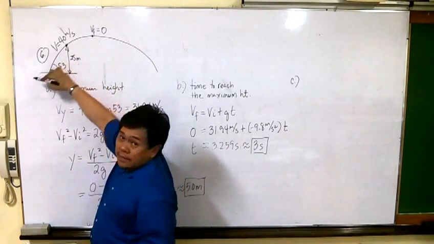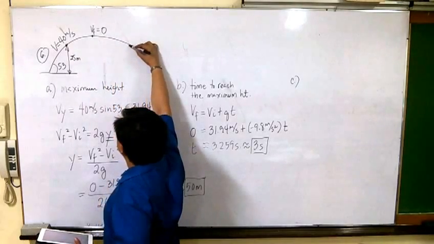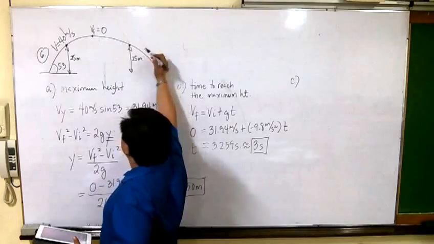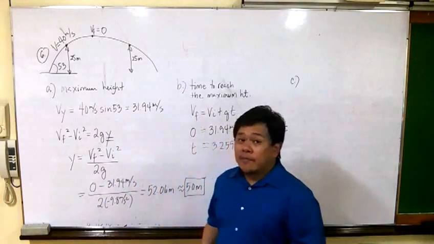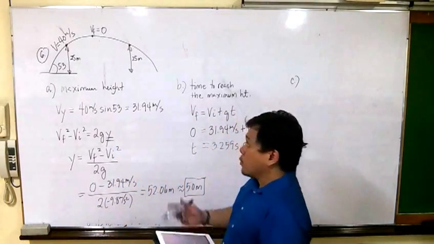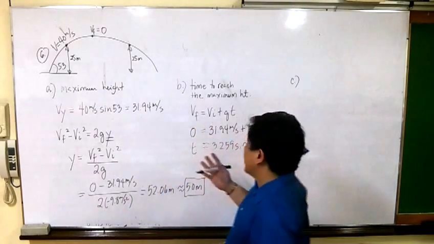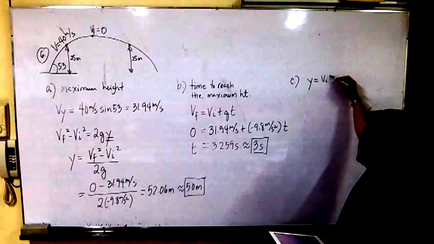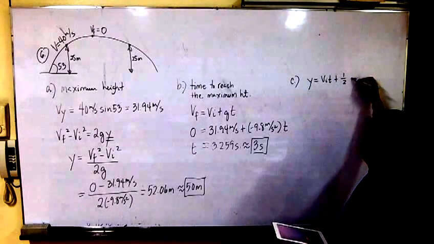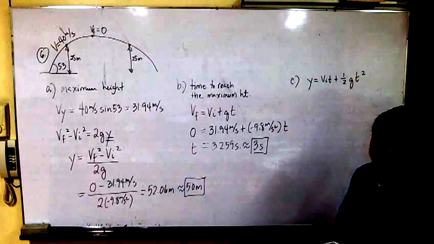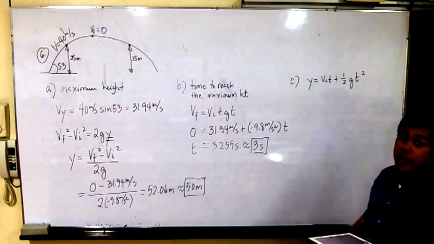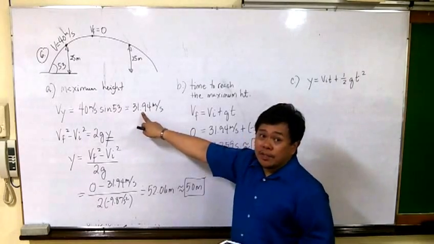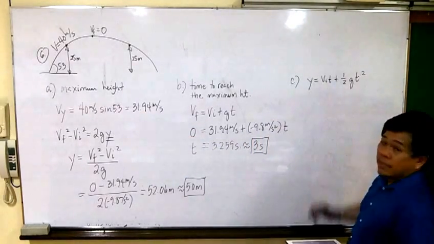This point, as the ball goes up and as the baseball goes down, you will have 25 meters from the ground. Okay, so that will happen twice. So the equation that we can use here is this. Y is equal to v sub i t plus 1/2 gt squared. Again, we are dealing with the y-axis, so we have to use 31.94 meters per second for our initial speed.